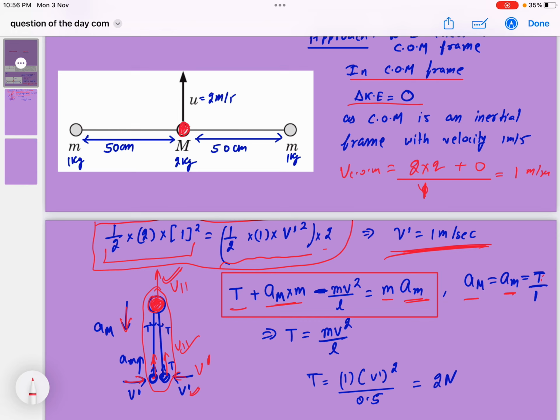In magnitude these two are equal, so we can cancel them. Then directly we get tension equals mv square by l. Substituting the values, we get tension T as 2 Newton.